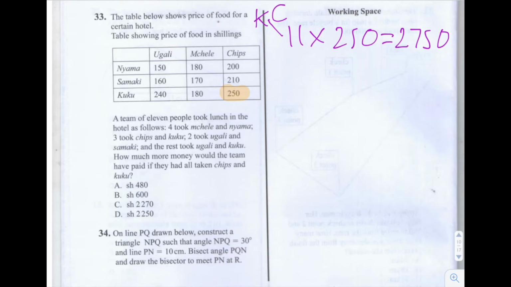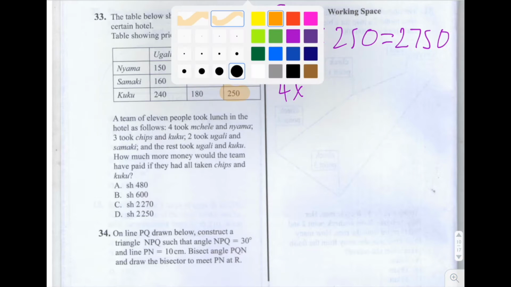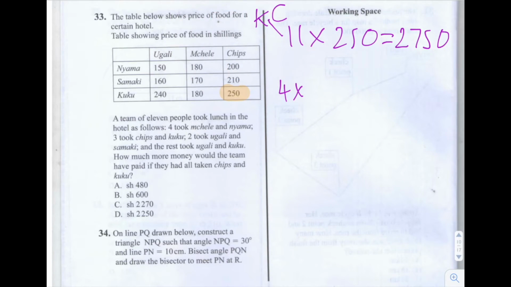So if they'd all had kuku and chips, and let's work it out for what they actually ordered. So that would be 4 took mchele and nyama, so that would be 4 times, what's the cost there? I'm going to use a different highlighter so you can see the difference. So mchele and nyama is 180, so 4 times 180, plus 3 had chips and kuku.